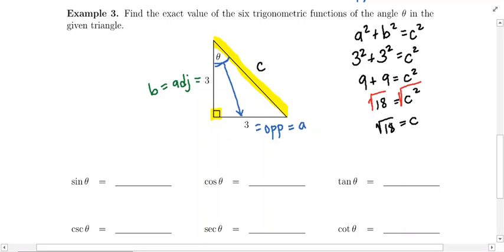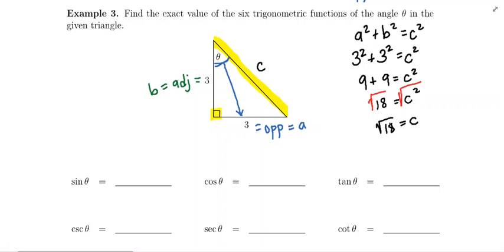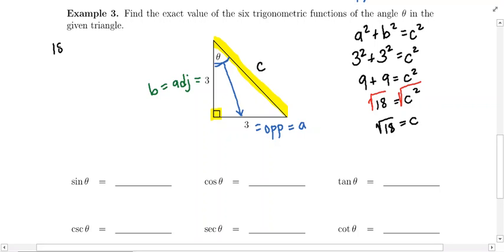Now this is a square root that actually can be simplified, so let's go ahead and do that before continuing. I'm going to make my factor tree for 18. 18 breaks down into 9 and 2. 9 breaks down into 3 and 3. That's as far as I can go because 2 doesn't break down any further and neither do the 3s.